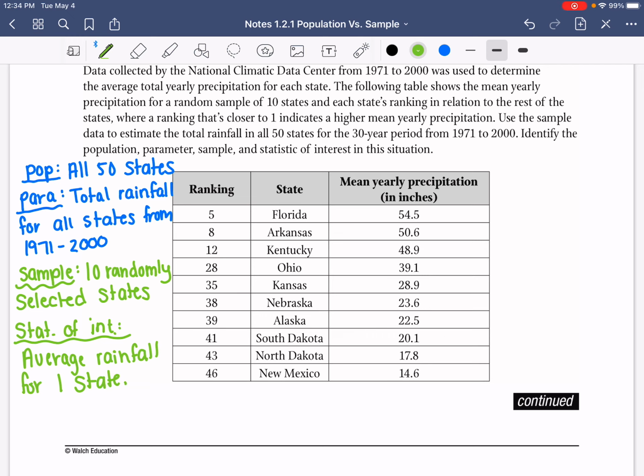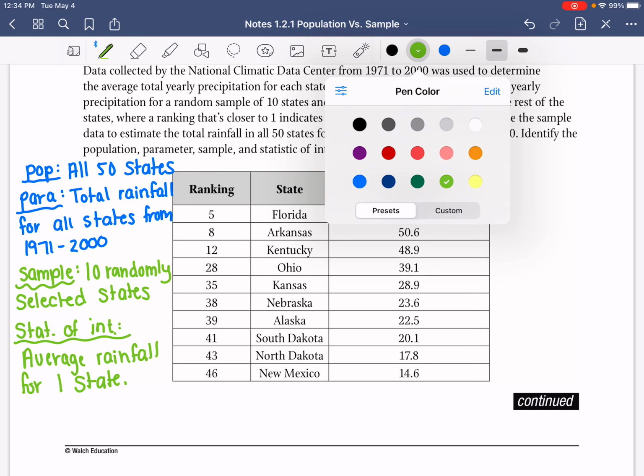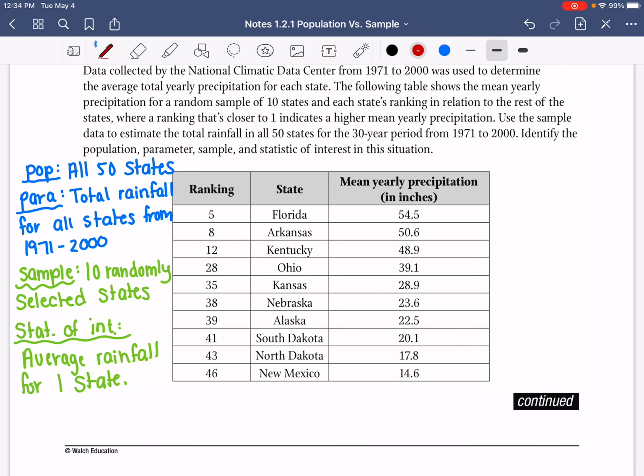All right, so we got our population, our parameter, our sample, our statistic of interest, and now we're going to go ahead and find our rainfall. So we're going to first find the average rainfall. So I'm going to add up all of these numbers right here. Use my calculator. So hopefully, as long as I added it all up right previously, it should be 320.6.